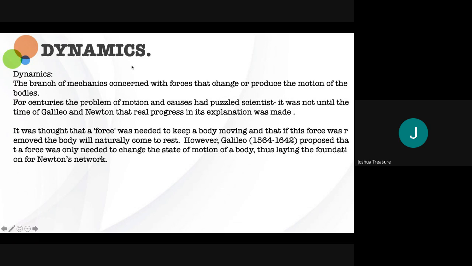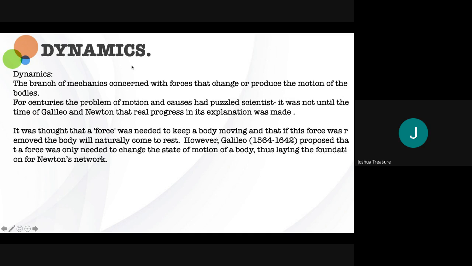All right, so dynamics, the branch of mechanics concerned with the forces that change or produce the motion of bodies. For centuries, the problem of motion and the causes of motion had puzzled scientists. It was not until the time of Galileo and Newton that real progress in its explanation was made.